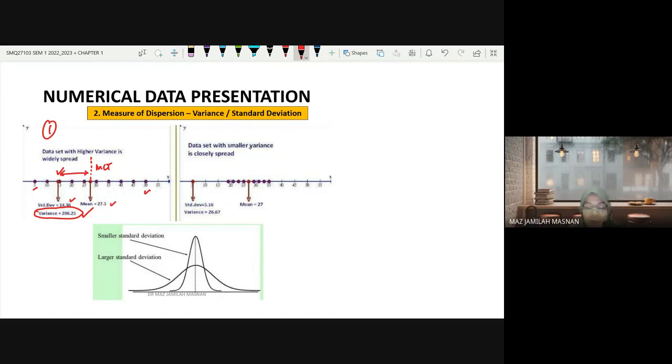Now, let's look at the second figure. A data set with smaller variance is closely spread. Data with higher variance is widely spread. High variance, widely spread. Data set with smaller variance, closely spread. Let us look here at your data, for example, all the dots here. Your mean is 27, so 27 is over here.